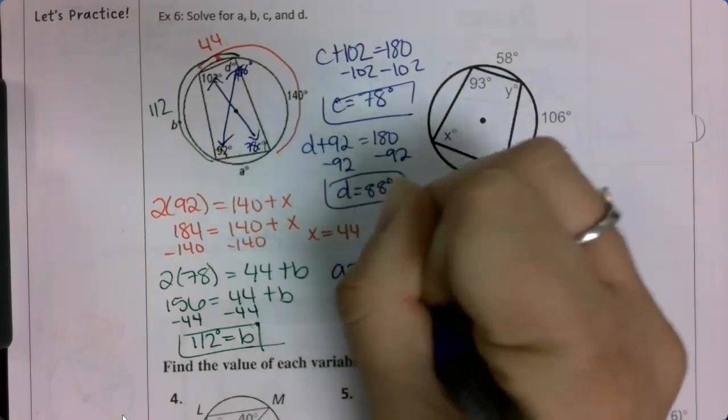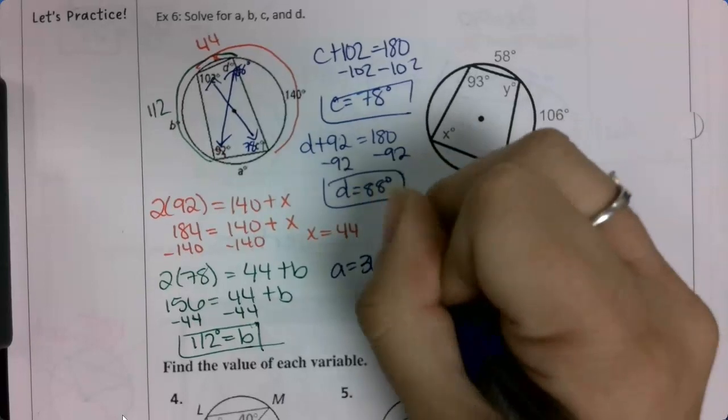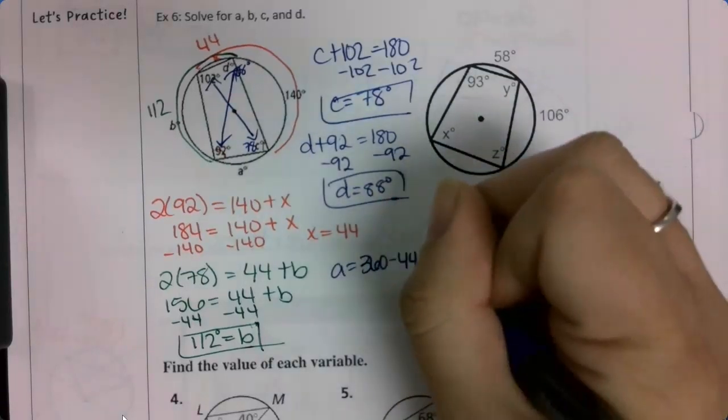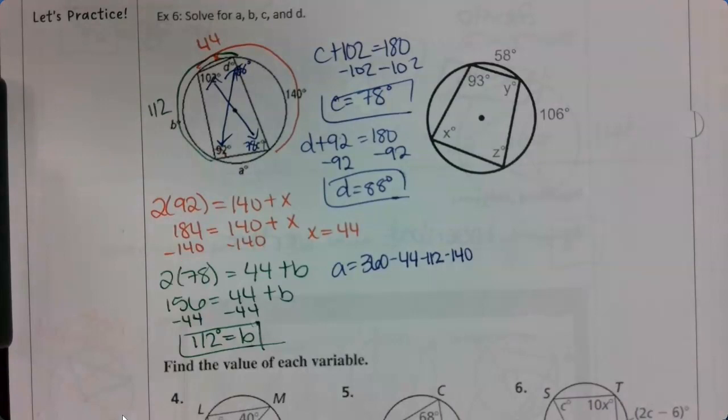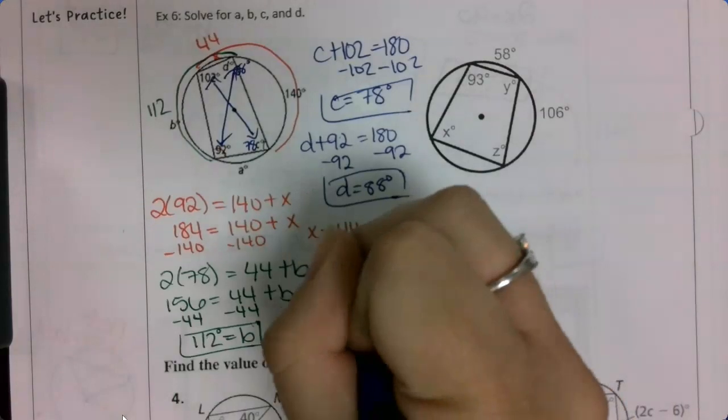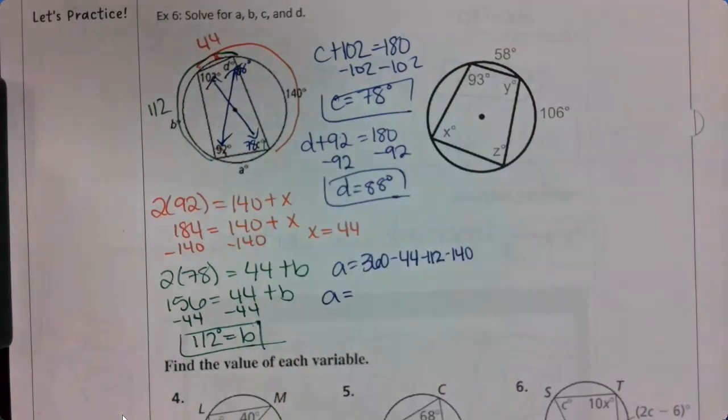So I can say that 360 minus those 3 angles are going to give me my A value. This gives me 64.